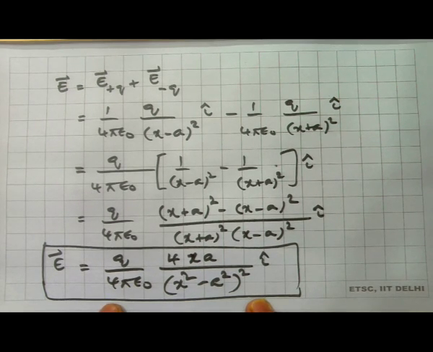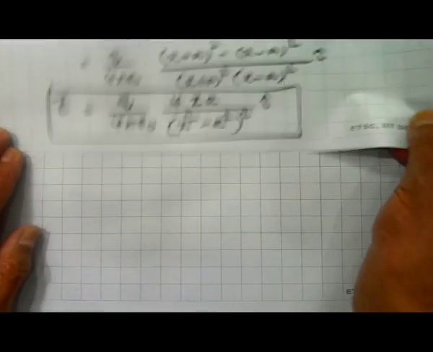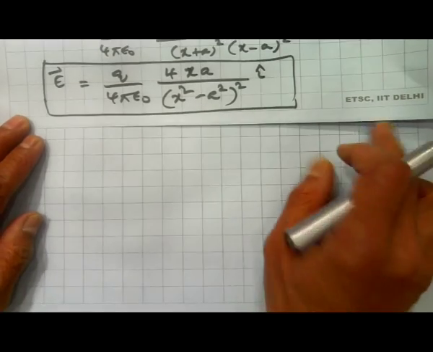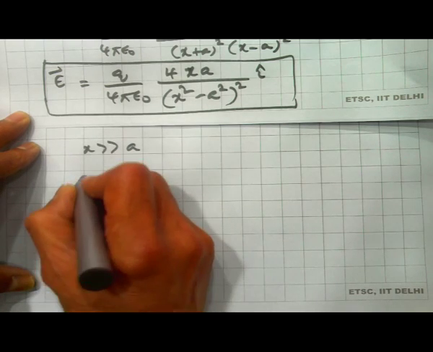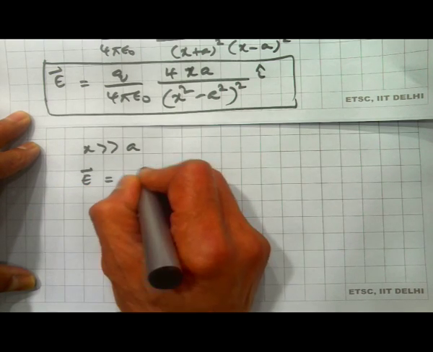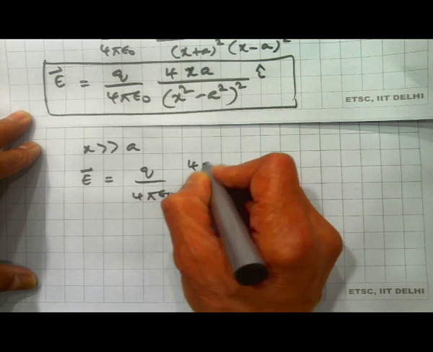If I take a distance x much greater than a, then E will be approximately Q by 4 pi epsilon 0 into 4 x a.